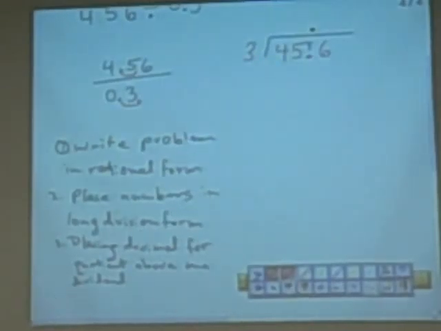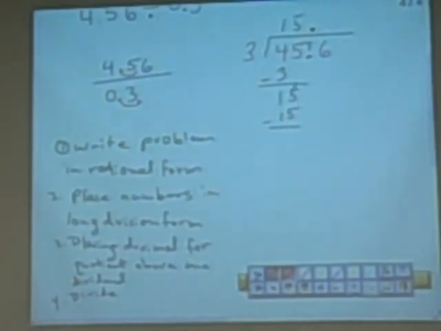Okay, so now step 4, we can go ahead and divide like we normally do with numbers without a decimal point. So we start with 3 can go into 4, right? And that would be 1 time. 1 times 3 is 3, right? And so we bring down the 5. 3 goes into 15 5 times, right? 5 times 3 is 15.